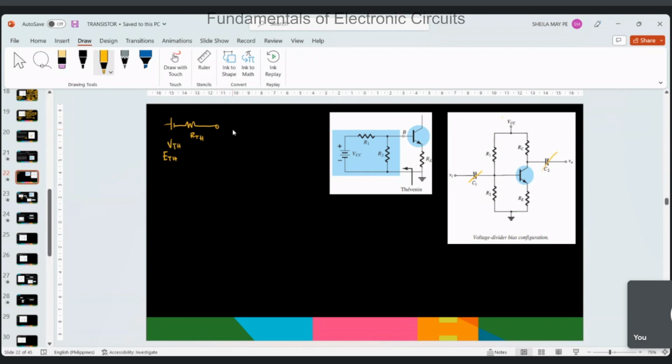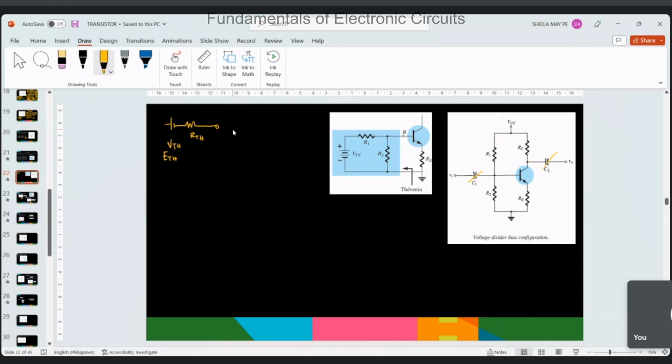Now, the first thing we will do, class, is to transform that voltage divider circuit into a simpler one.